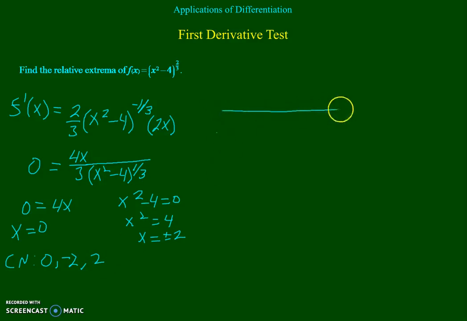Let's go ahead, draw in our line, and put in our anchor values. So minus 2, 0, and 2. Now let's pick test values on either side. So this will be negative 3, this will be negative 1, 1, and 3. And so now we're going to evaluate the first derivative at these test values.